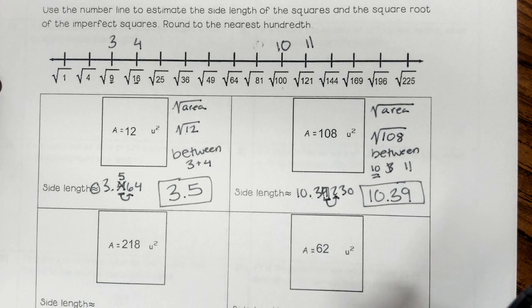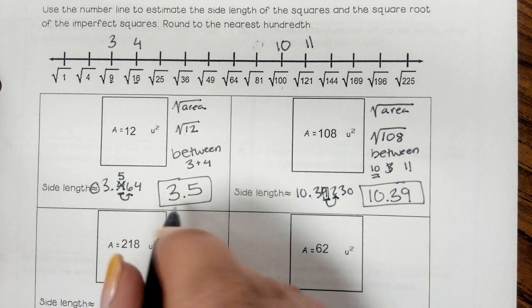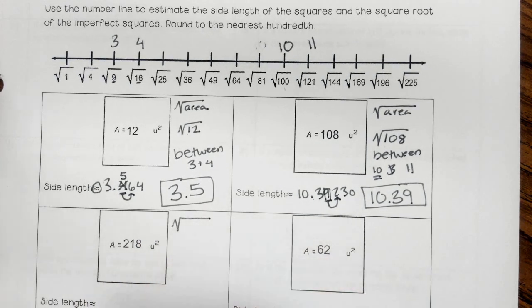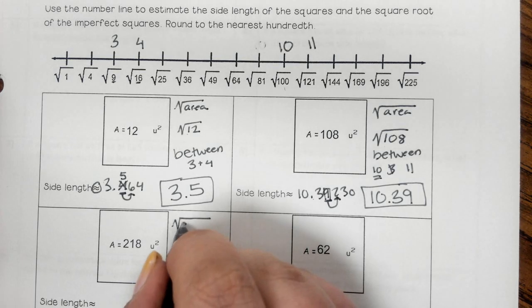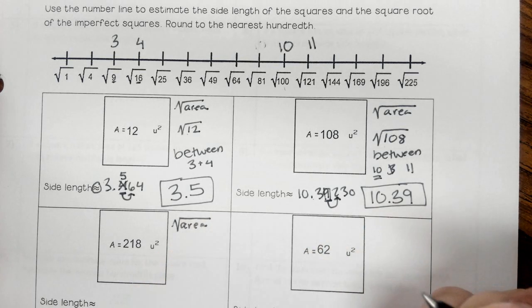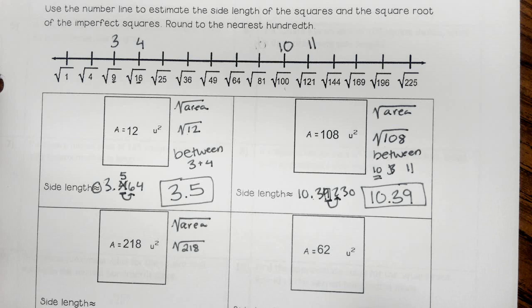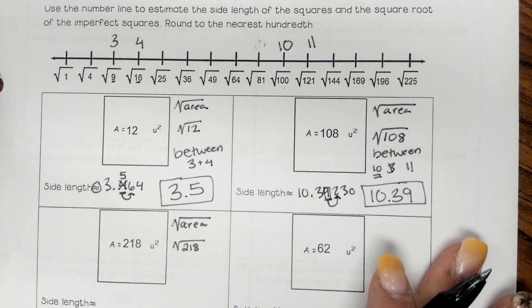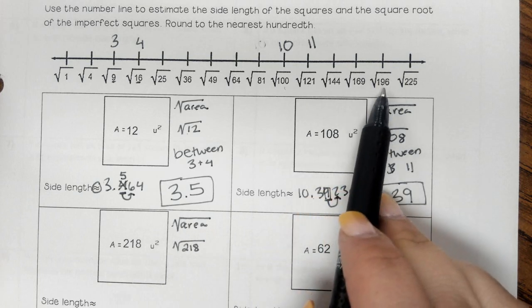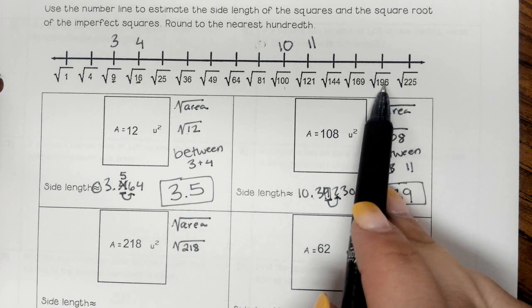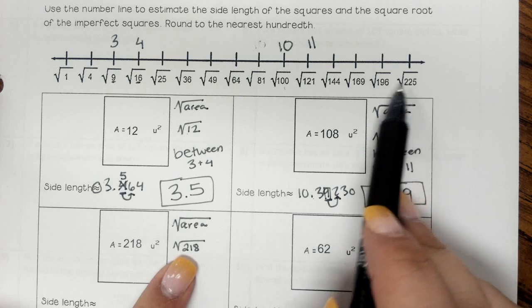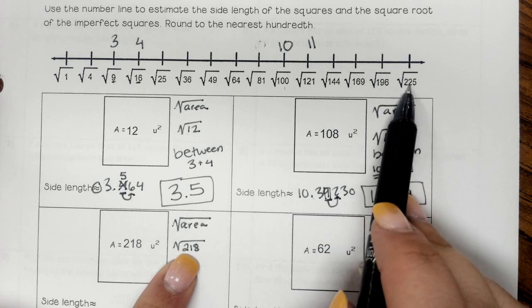The next square that we want to find the side length for has an area of 218 units squared. When you know the area and you want the side length, you just take the square root of the area. The square root of this area would be the square root of 218. This only works for squares. The square root of 218 falls between 196 and 225, because 218 is between 196 and 225.